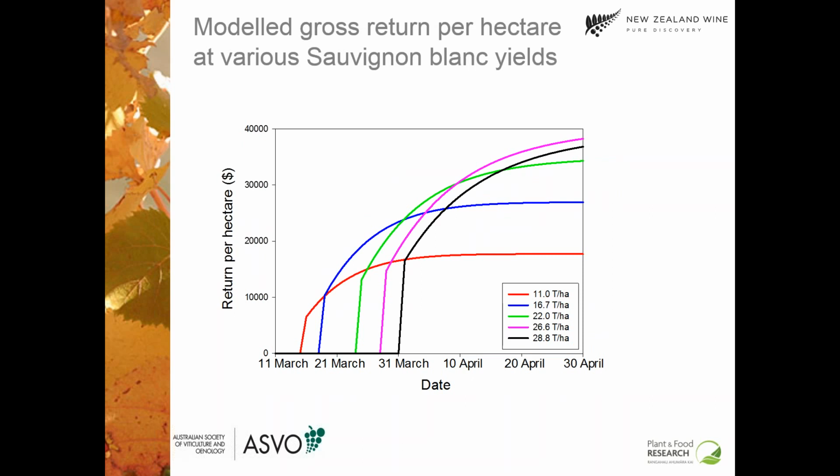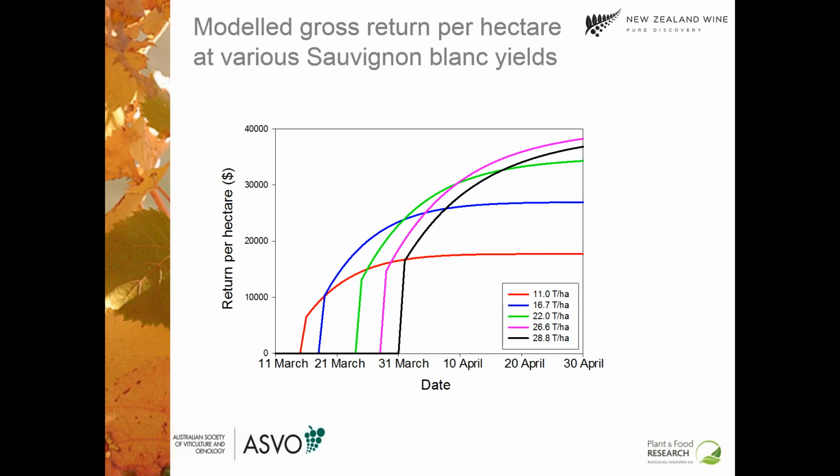And if we look at this intercept point here, between the red and the black lines, the 11 ton and the 30 ton crops, what that says is on the 31st of March, the 30 ton crop is returning gross the same as the 11 ton crop. The 11 ton crop is getting close to 21 brix. The 30 ton crop is sitting only at 18 brix. But the difference in the price and the difference in the yield mean that the gross return per hectare is similar.